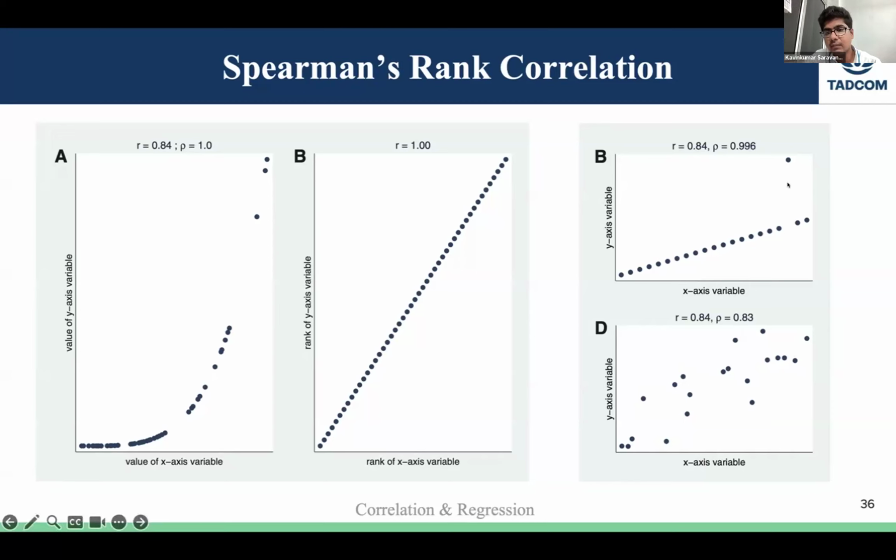Also, see in the right side, figure B, using a normal Pearson's correlation we get 0.84 because we have an outlier here. Either we can remove this outlier and calculate Pearson's, or include this outlier and calculate Spearman's.